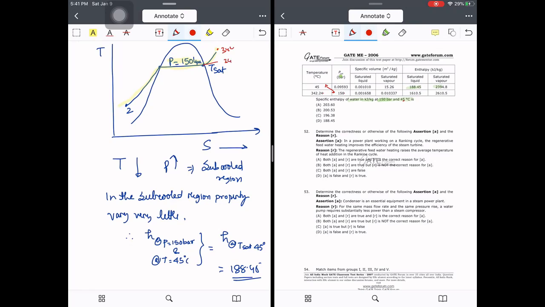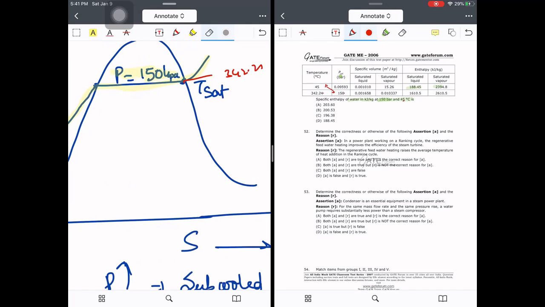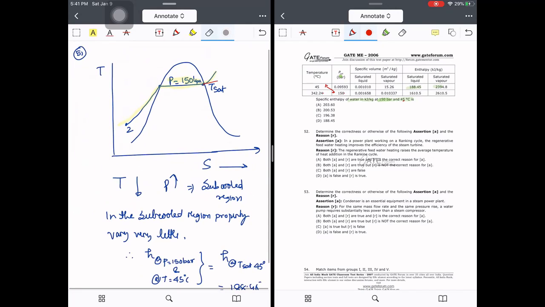It is 342, that is very high. I think the temperature is 342.24. But they have mentioned 45 degrees centigrade. 45 centigrade indicates it is this way below.